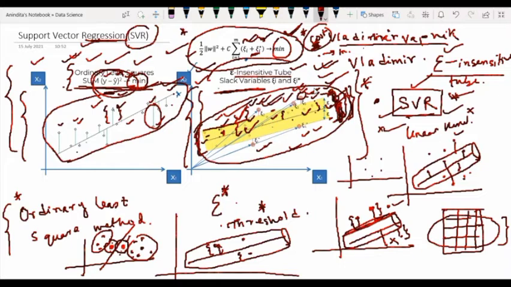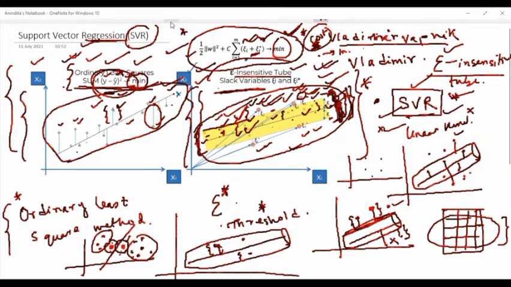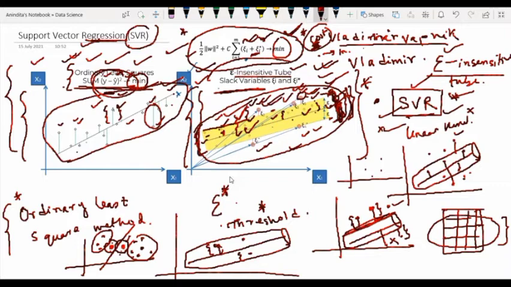So what is the conclusion of today's discussion? We have some important points. First, support vector regression differs from linear regression in the formula of the cost function. Why is the formula different?